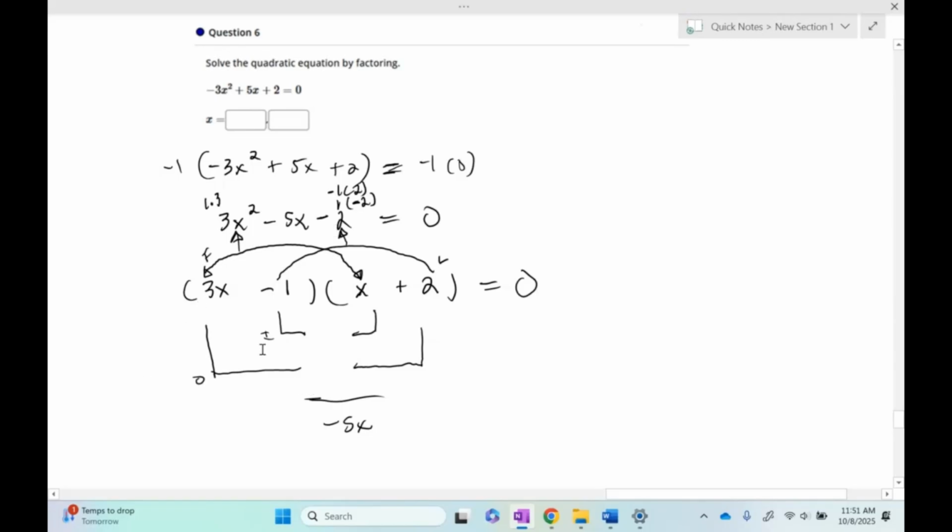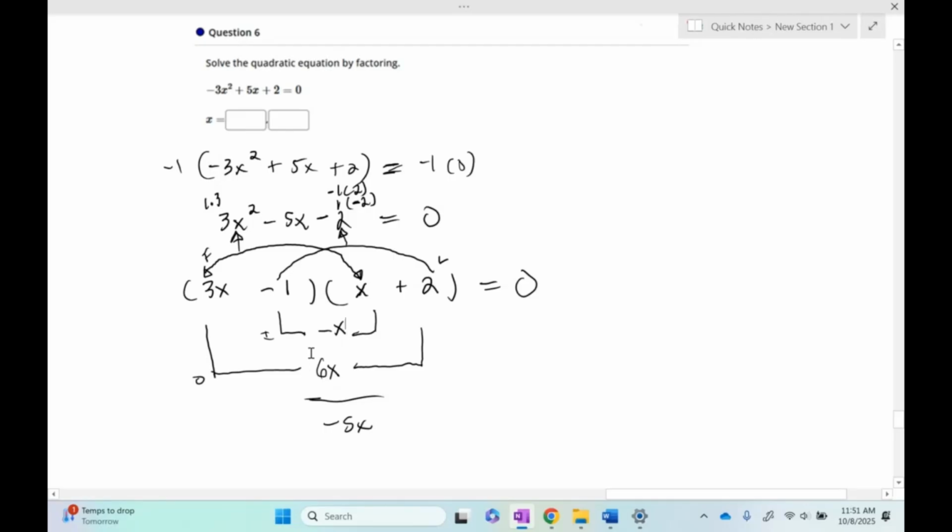Now if I take my outermost, 3x times +2, that gives me +6x. If I multiply my middle terms, -1 times x is -x. When I combine those, do I get -5x?